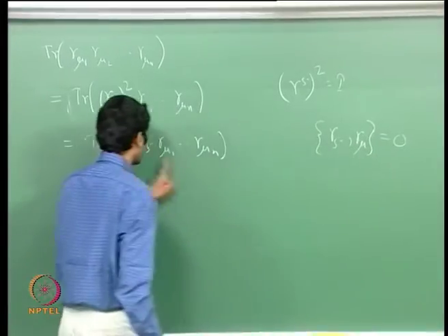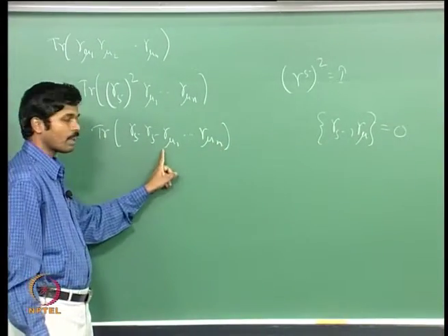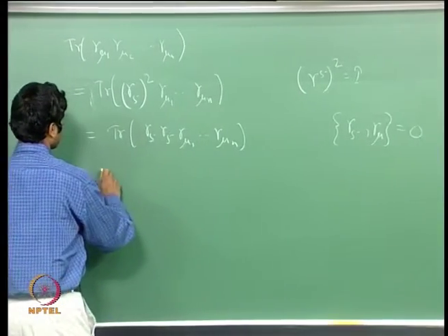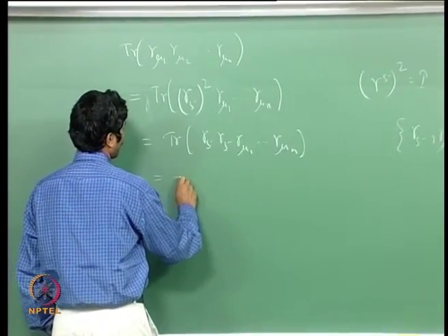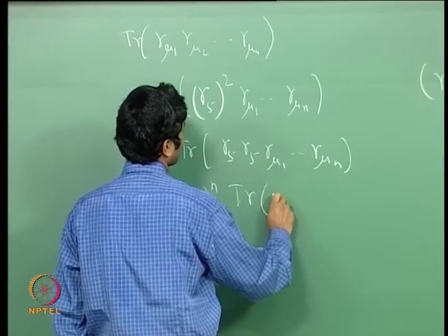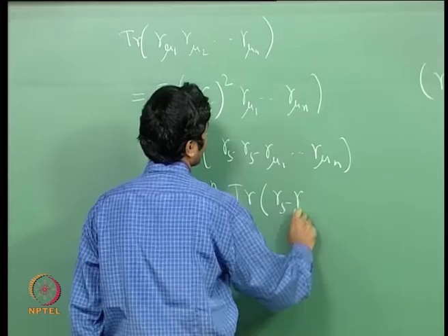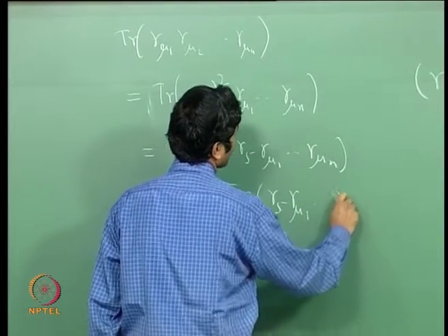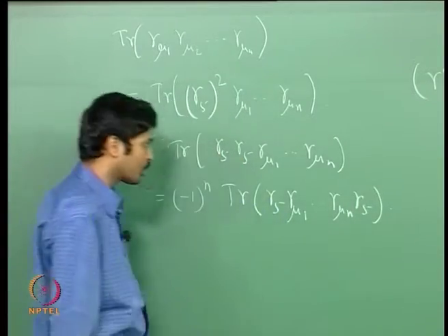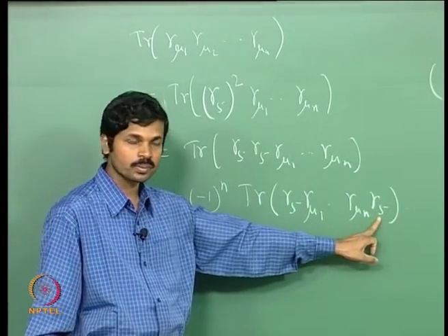Remember, gamma 5 anti-commutes with gamma mu's. So, when we take it to the extreme right, we will get minus 1 for each one of them. So, there is minus 1 to the power n. Therefore, this is equal to minus 1 to the power n trace of gamma 5 gamma mu 1 up to gamma mu n gamma 5, and now we will use the cyclic property of trace.